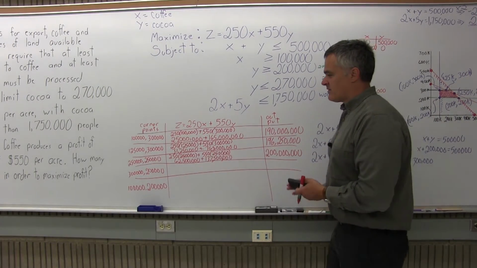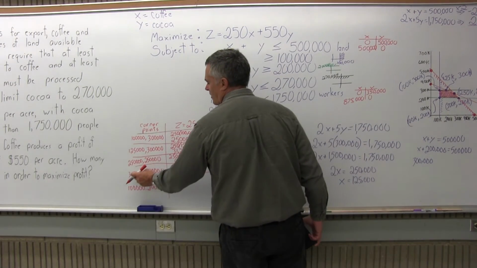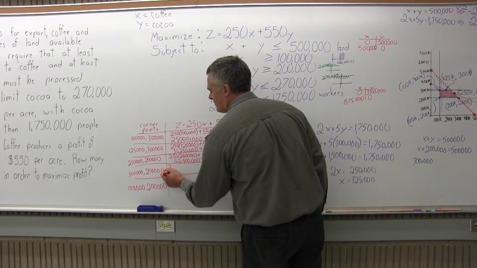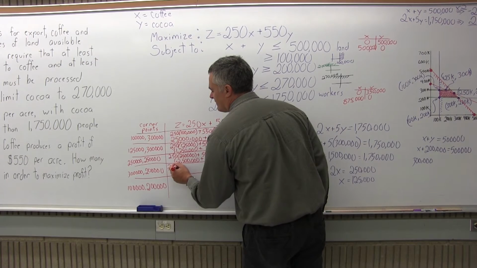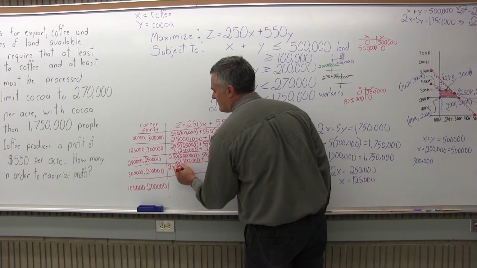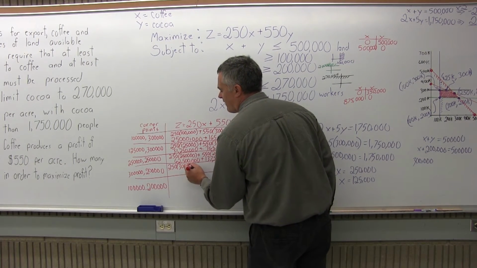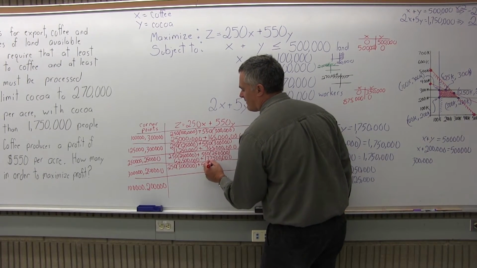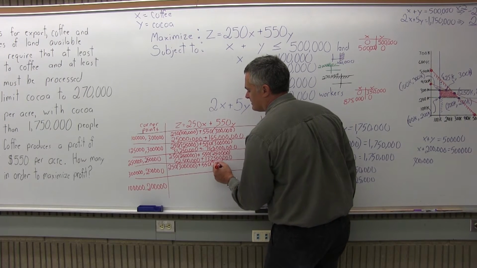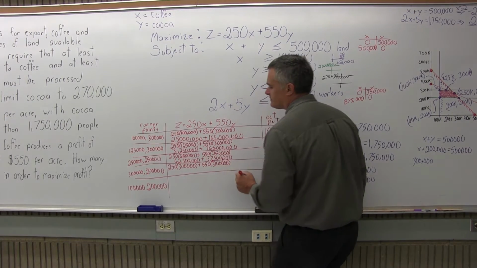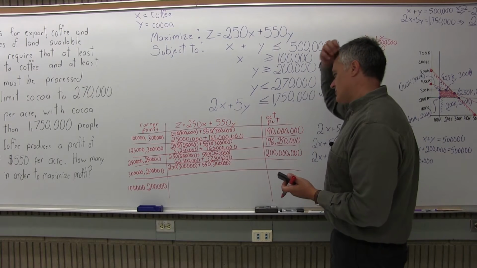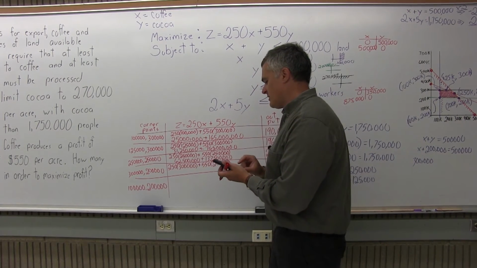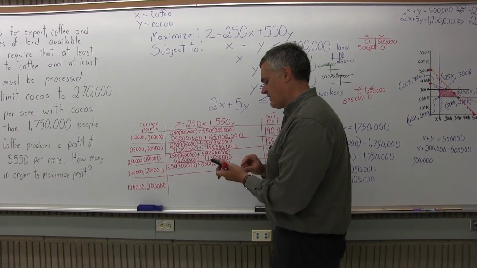Two more corner points left to try. 300,000 for coffee, 200,000 for cocoa. Let's see how much profit we get from that. So 250x becomes 250 times 300,000, and then 550y becomes 550 times 200,000. 250 times 300,000 should be 75 million. Let's try it.